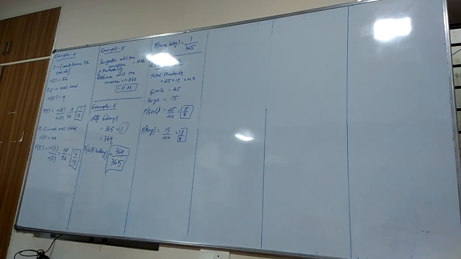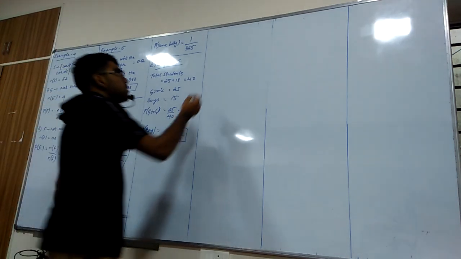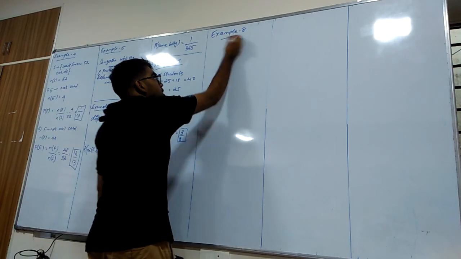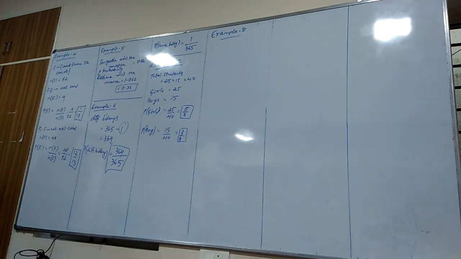Example number 8. A box contains 3 blue, 2 white, and 4 red marbles. If a marble is drawn at random, what is the probability of white, blue, and red? It's the same thing repeating.